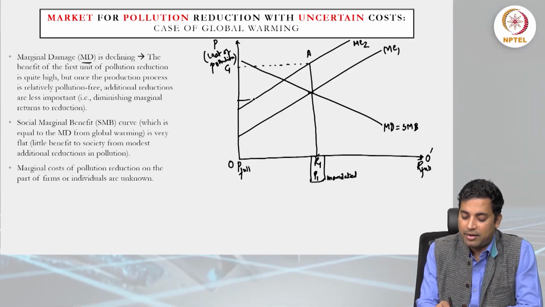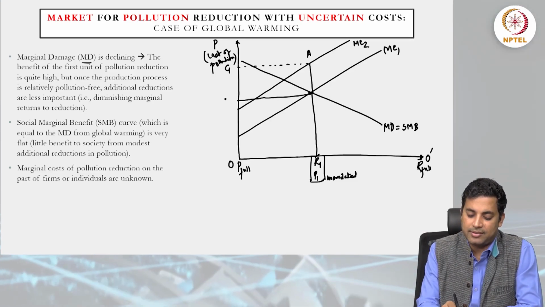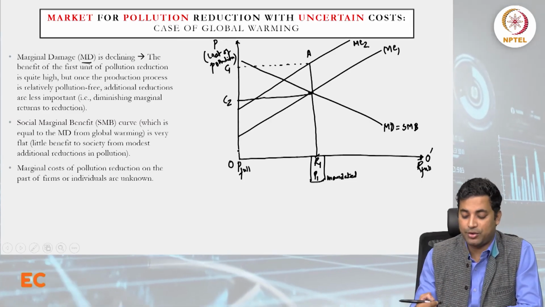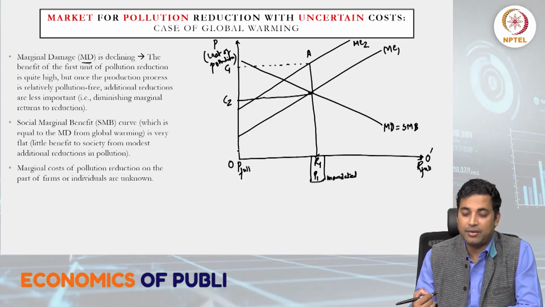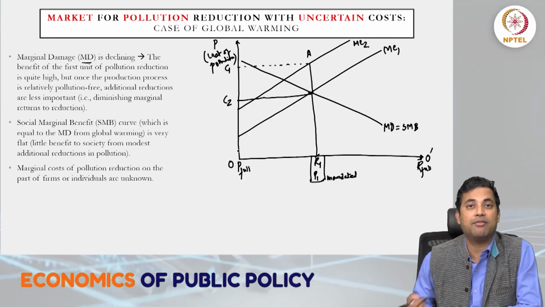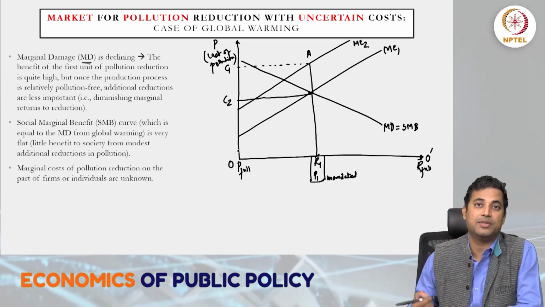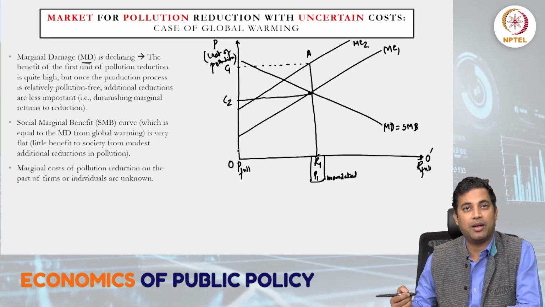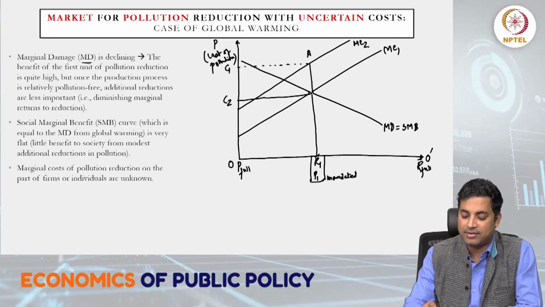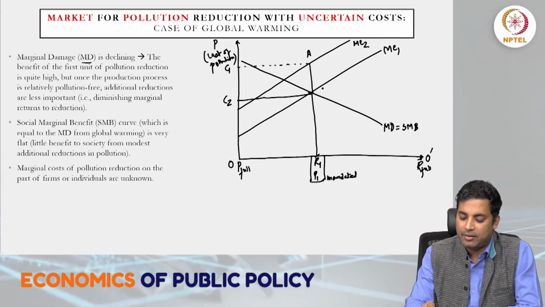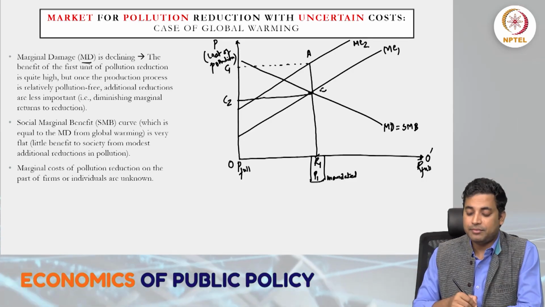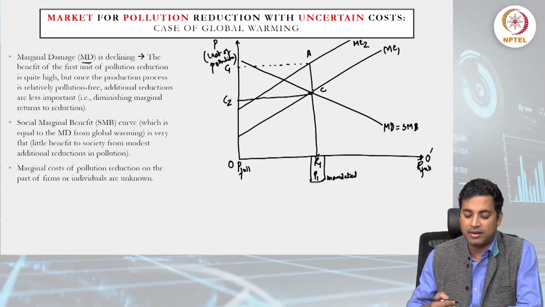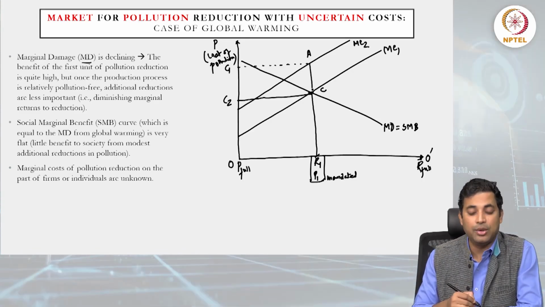Here we can imagine OC2 amount of cost incurred at the initial level of marginal cost curve, which is MC1, because MC1 and MD or SMB are intersecting at point C. At this point, the total cost incurred is at the C2 level.